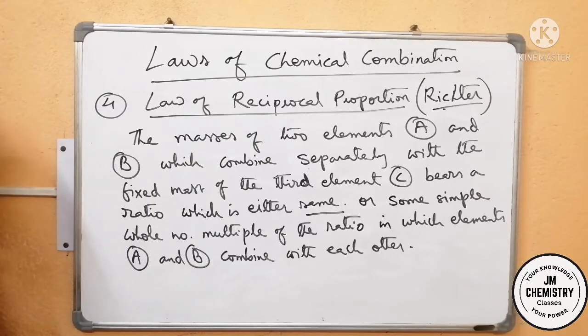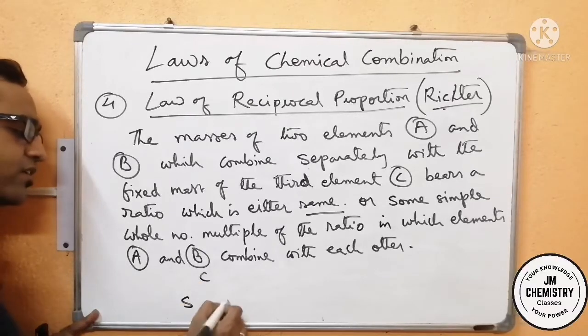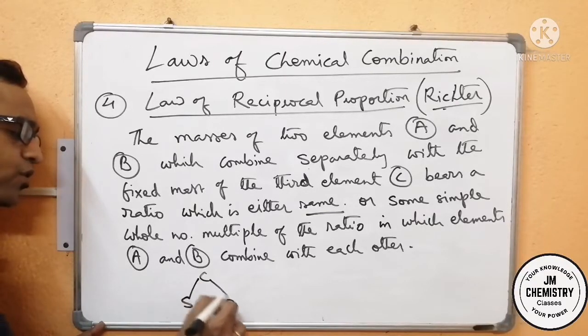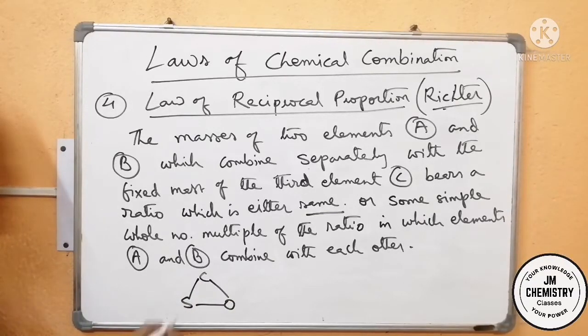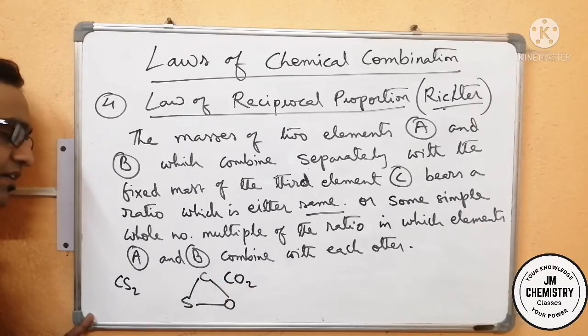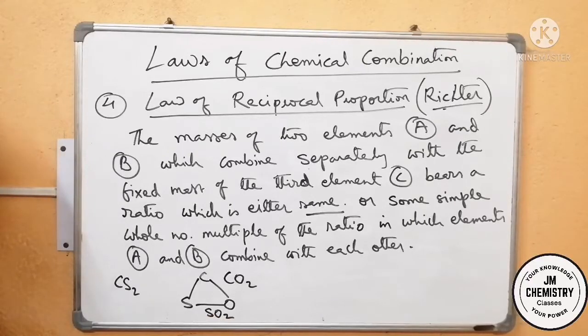So for this we have to take three elements. Let us take carbon, sulfur, oxygen. These make a triangle like this. Carbon and sulfur combine to form carbon disulfide. Carbon and oxygen combine to form carbon dioxide. Sulfur and oxygen combine to form sulfur dioxide.